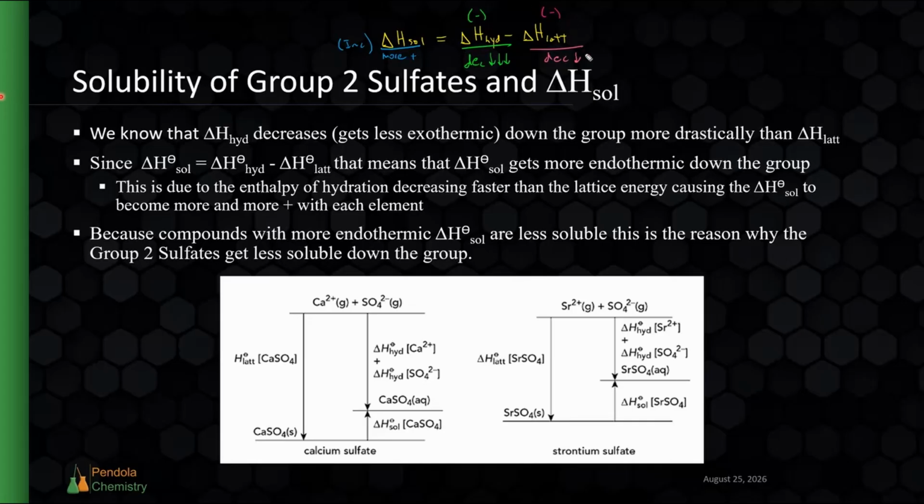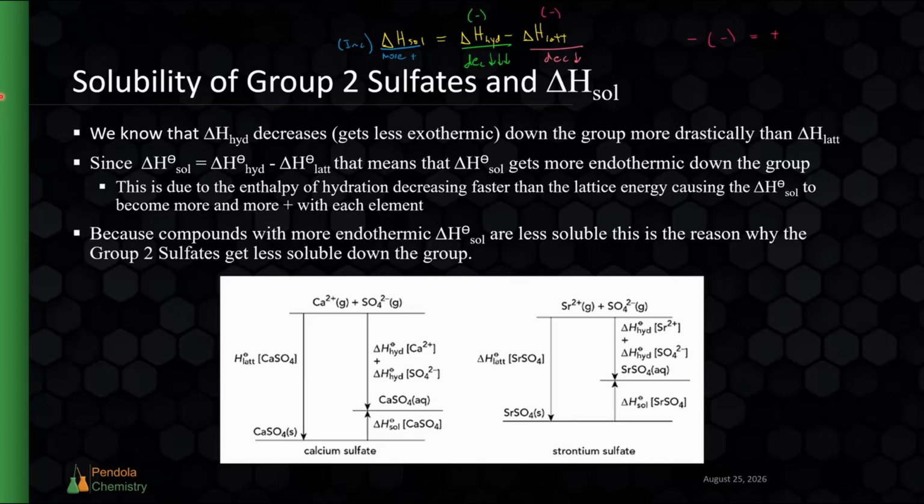Because this number gets smaller less quickly than this number, the essentially positive part of this equation, because minus and negative will be a positive, the positive part of the equation, the negative delta H, is not changing as drastically, making the enthalpy change of solution more positive.